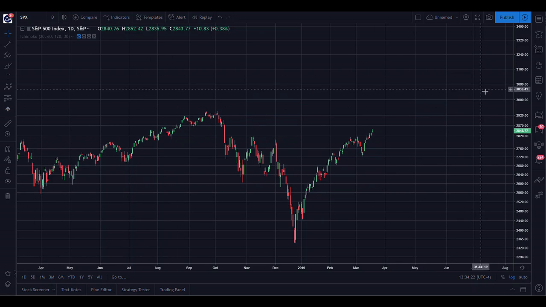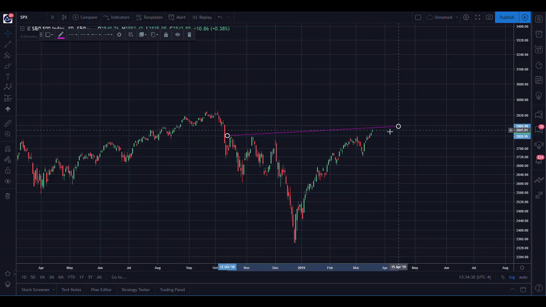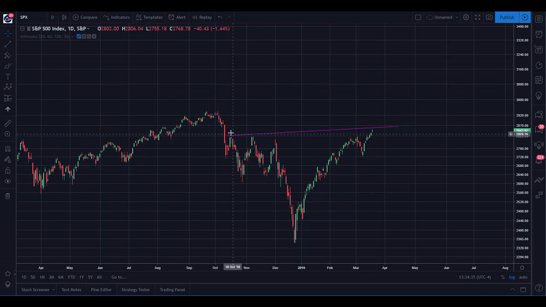Do you see a pattern? I had to rub my eyes a couple times. So if I draw a line like this, that would be the neckline.